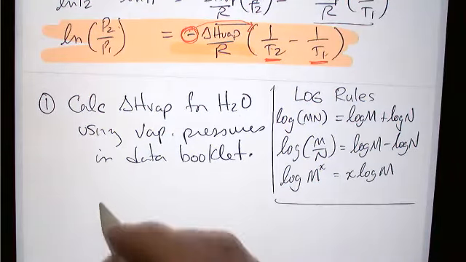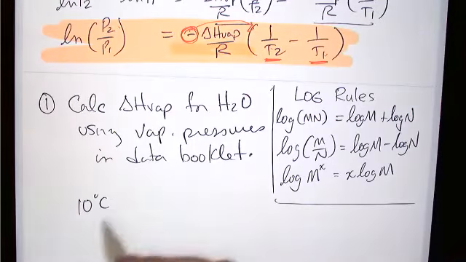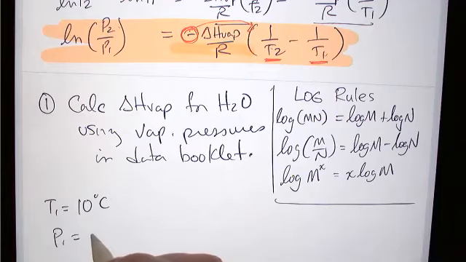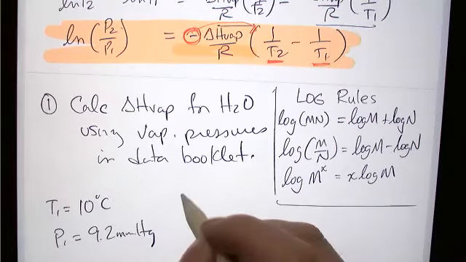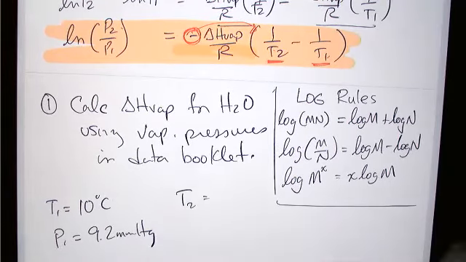So I'll use 10 degrees Celsius. This is going to be my T1. My P1 would be 9.2 millimeters mercury. My T2, I'll go somewhere further to the right.